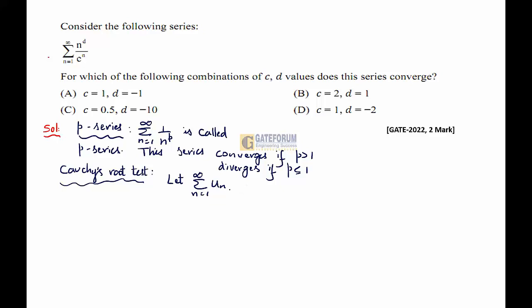This is nothing but u1 plus u2 plus u3 plus etc., be a positive term series, that is all the terms are positive, such that limit n tends to infinity un power 1 by n is equal to L. That is, for the nth term, find the nth root, that is un raised to 1 upon n. Find that limit n tends to infinity, that value is denoted by L.